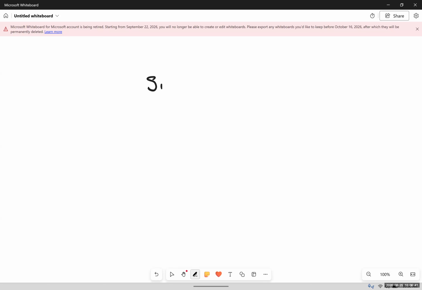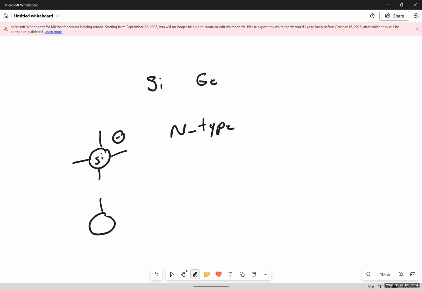So a semiconductor, which could be silicon or germanium, usually has a crystal form. And we have the silicon in the middle, and then we have connections to other silicon atoms. But if you add an extra electron, you create an N-doped or N-type. And if you add an extra hole, like boron or other things.